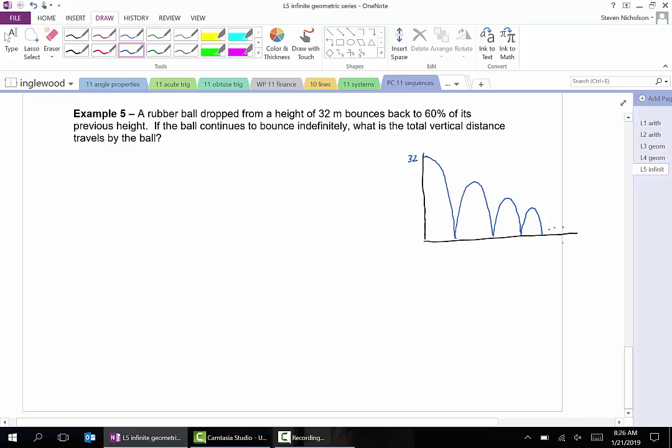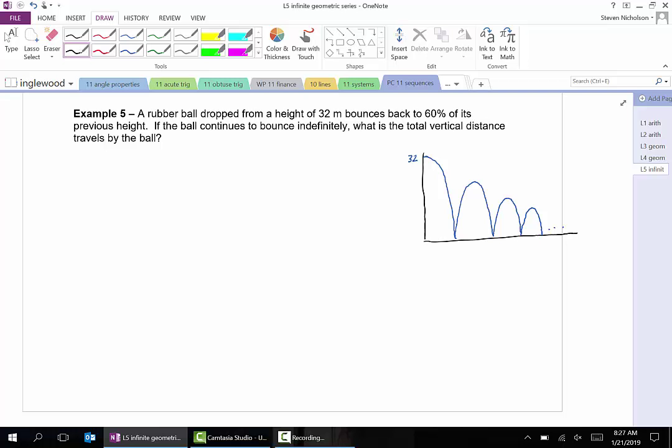until finally it stops. So in this case, when we figure out how far it goes, first of all, it has to go to an answer, because it's not bouncing back to its original height forever. It's not bouncing back higher, where the ball keeps going higher and higher, going to infinity. So given that the ball will eventually stop, it is a convergent series, and there's a couple of pieces of information on here.